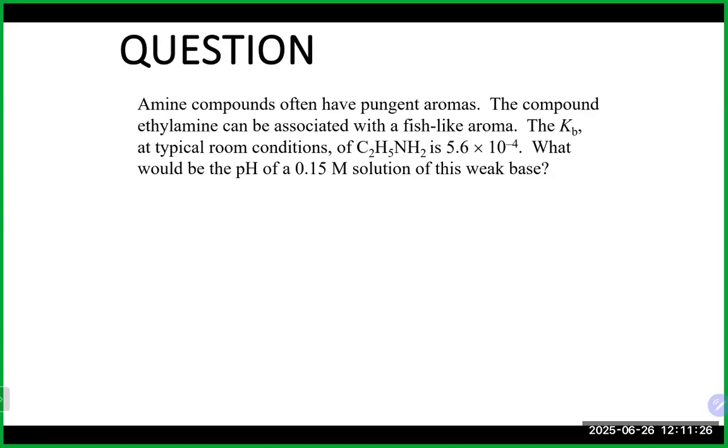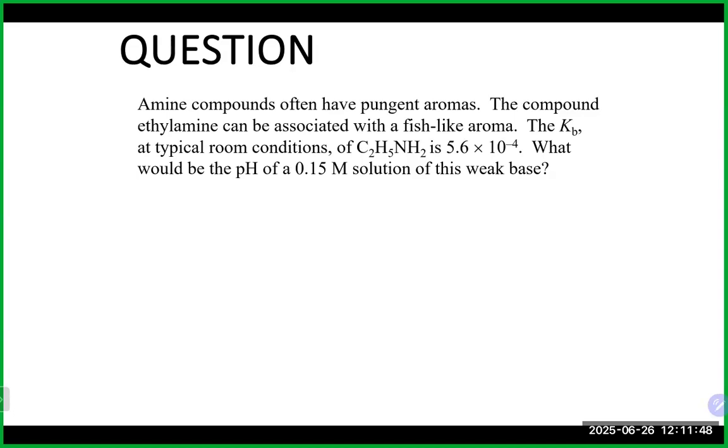So, to go back, how do we know if it's a weak base or a weak acid? That would be a good hint if you have either the Ka or the Kb given to you in a problem. If you have a Ka, then you definitely know it's a weak acid.